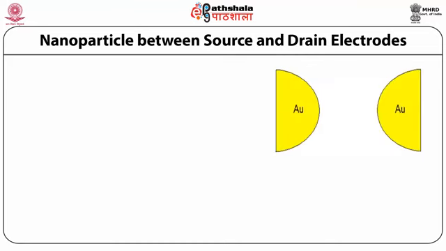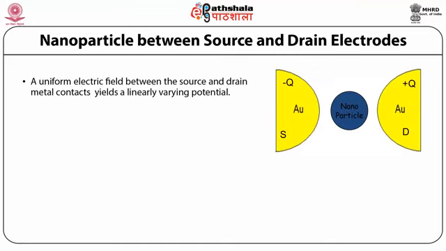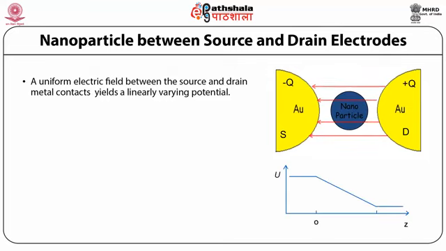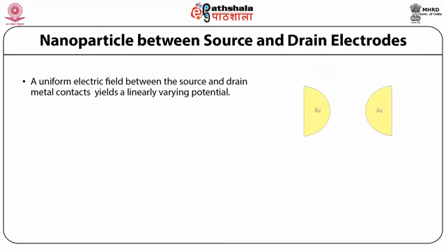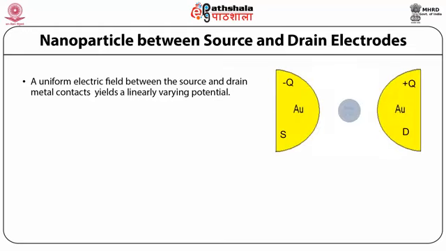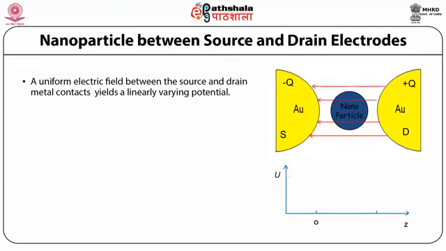This figure shows that a uniform electric field between the source and the drain metal contacts yields a linearly varying potential. Nanoparticle with two metallic contacts as shown in this figure. At equilibrium, that is mu1 equal to EF equal to mu2, no current flows through the nanoparticle.